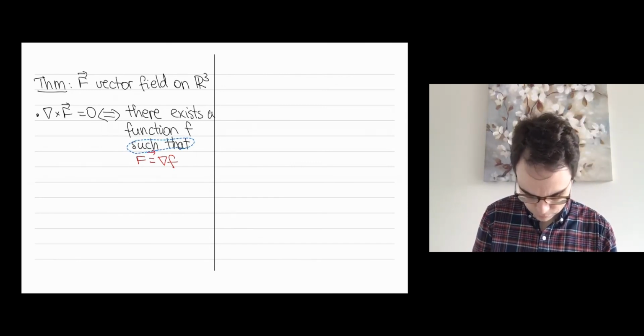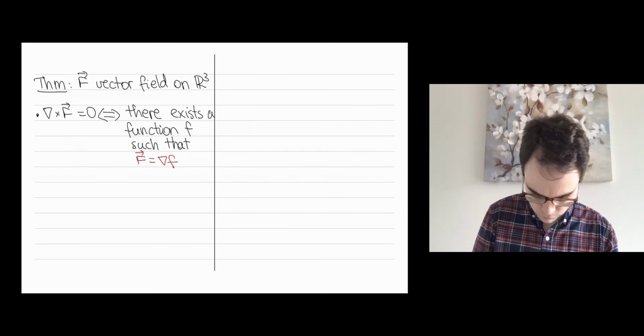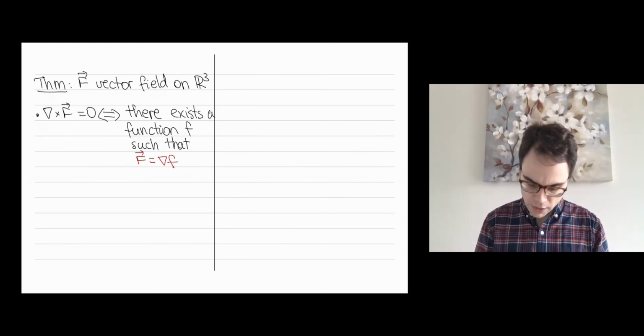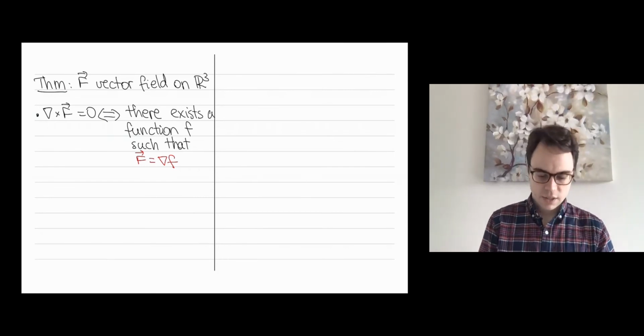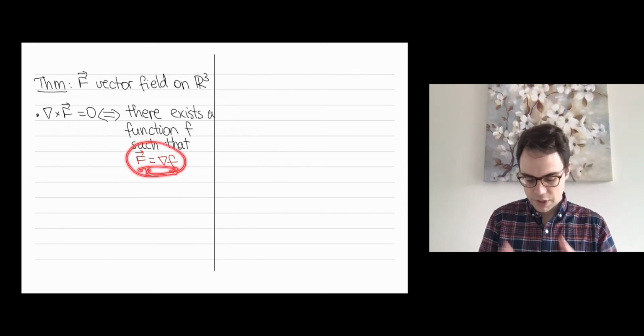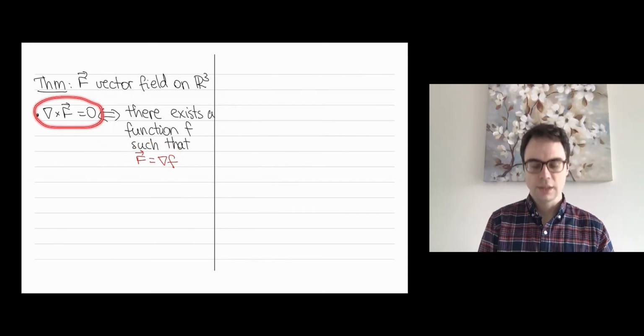Okay. So this theorem is giving us a test. It tells us that we can recognize that our vector field is the gradient of some function by checking that the curl is 0.